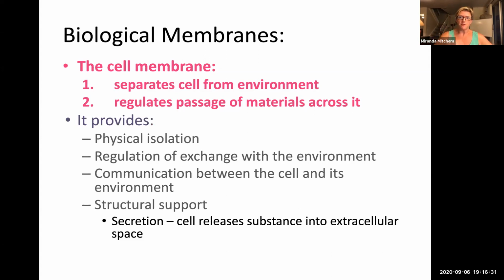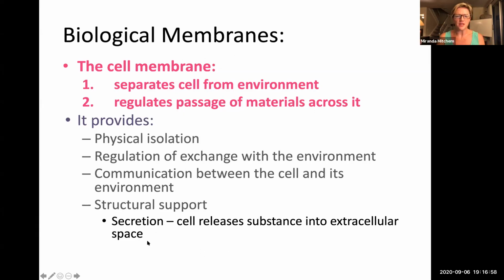Additionally, there is physical protection provided and the creation of these compartments. The cell membrane is important in helping to regulate the movement of materials across it. So that ties into the communication of one cell to another cell as well. And then additionally, the cell membrane does provide some structural support for the cell.